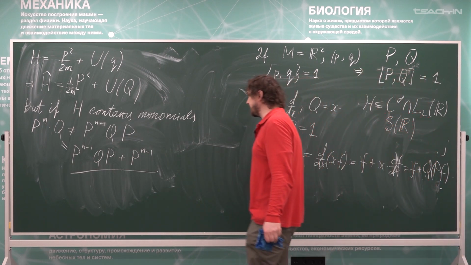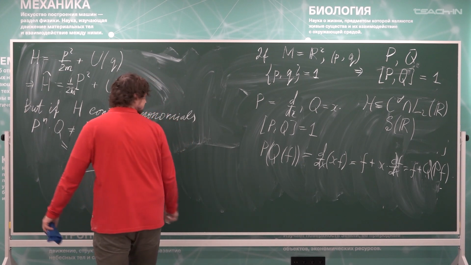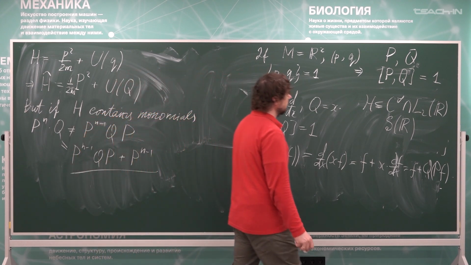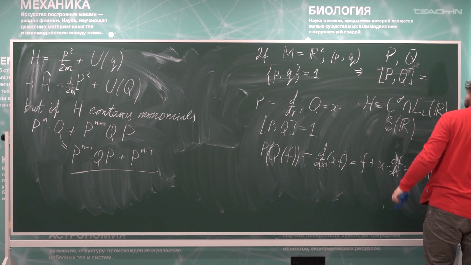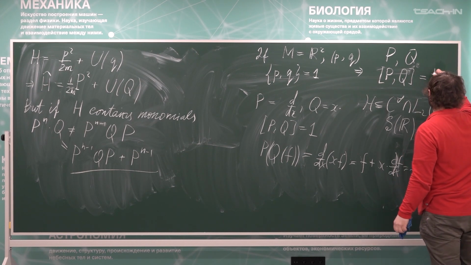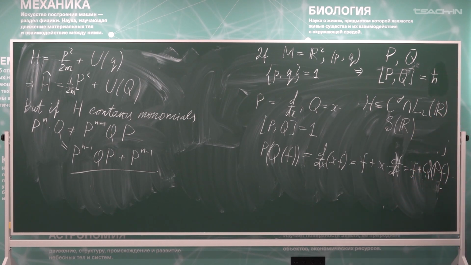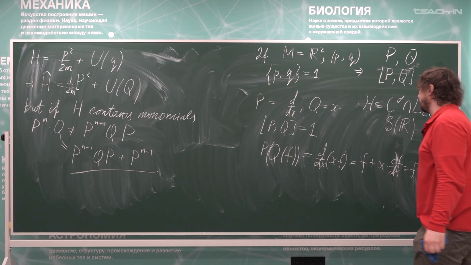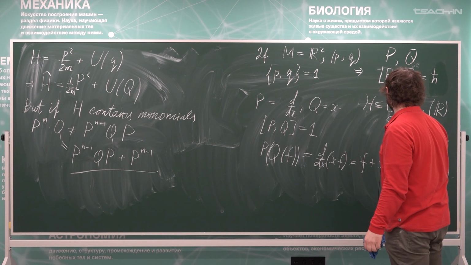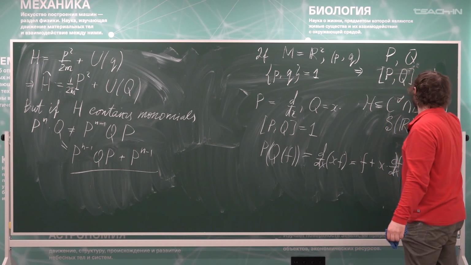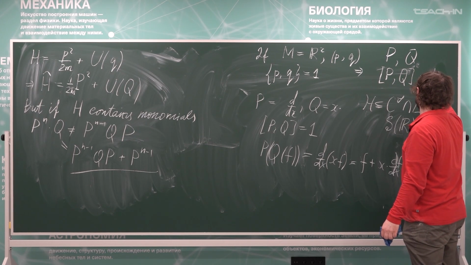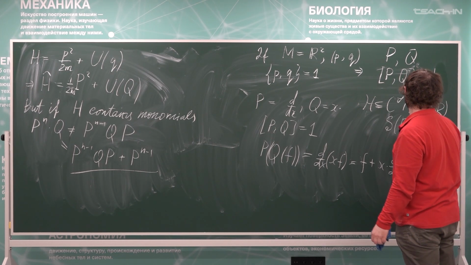This doesn't mean much, because if you restore the original physical approach, we would have h bar here on the right, and this h bar is considered to be a very small value. It's something like 10 to the minus 27 in its units.